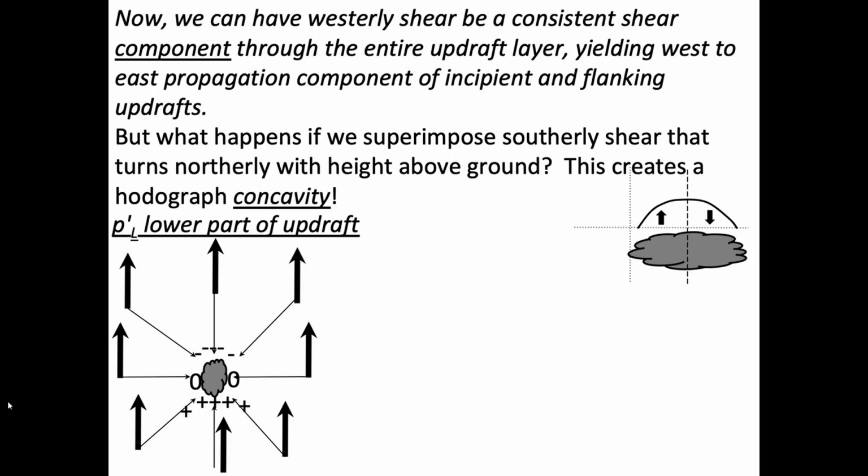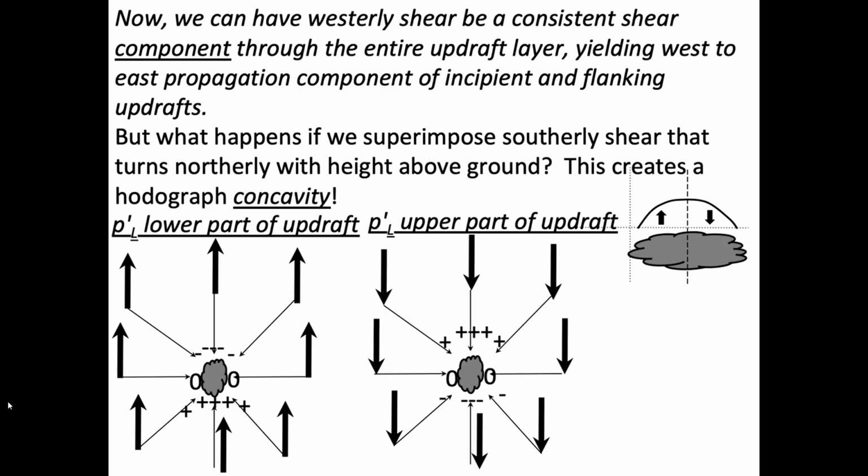Now, because of the reversal of the meridional shear from the low levels to high levels, we get a different sign distribution for the upper part of the convective plume. While the going-to-the-updraft vector has the same distribution, we now have northerly shear that's causing the dot product to switch signs across the x-axis.